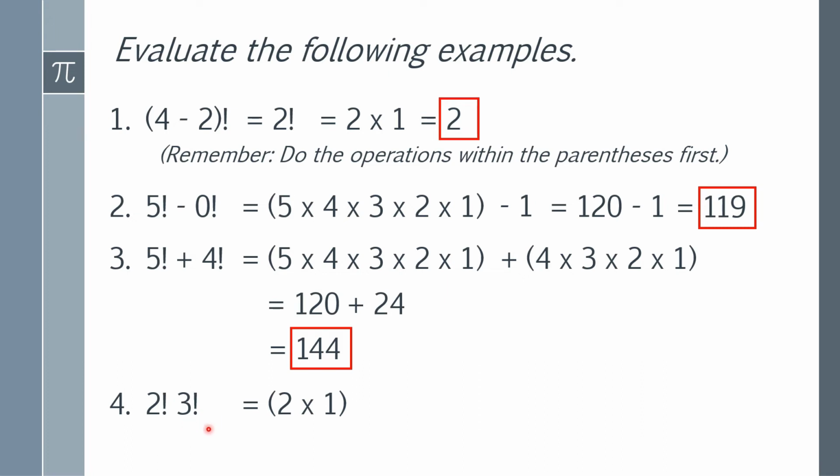So we need to multiply the two numbers. So we have 3 times 2 times 1, that is for 3 factorial. Now simplify. 2 times 1, that is 2. 3 times 2 times 1, that is 6. So we have 2 times 6, which will give us 12. And that is our final answer.